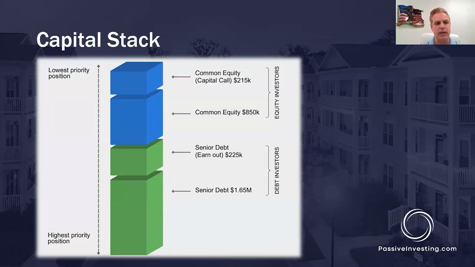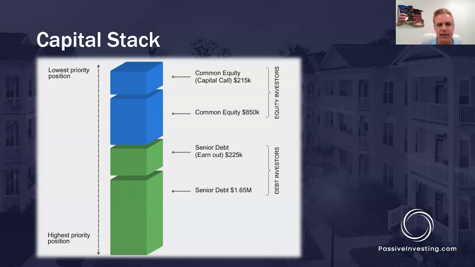Generally speaking, your highest priority position or lowest risk will have the lowest return, and your highest risk will have the highest return. And I broke this out just to explain the different pieces with this particular example we're going through.